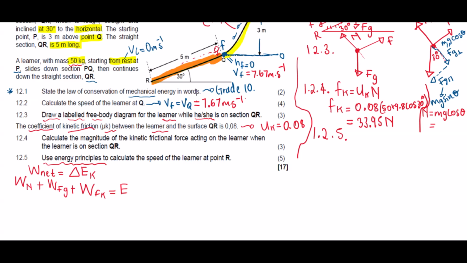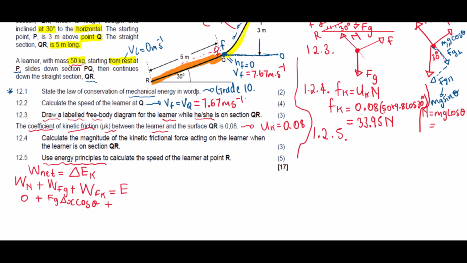Sorry, I said earlier that the normal force contributes 0 amount of work because it's perpendicular to the displacement of the object. Then the work done by gravity is going to be the gravity times delta x cos theta, plus the work done by the frictional force.